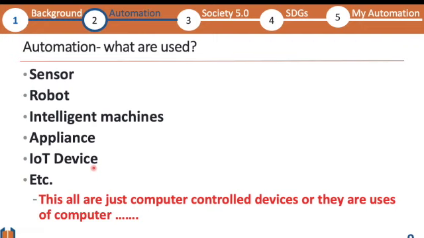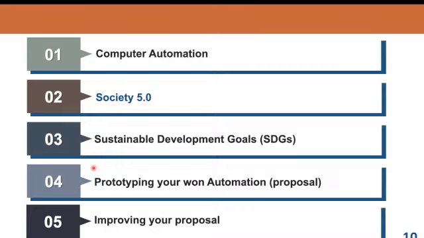So computers control all the things that you're using for your automation. So this is a basic idea about automation and the end of this video. In the next video, we will discuss Society 5. So let's move to the next video, Society 5.0.